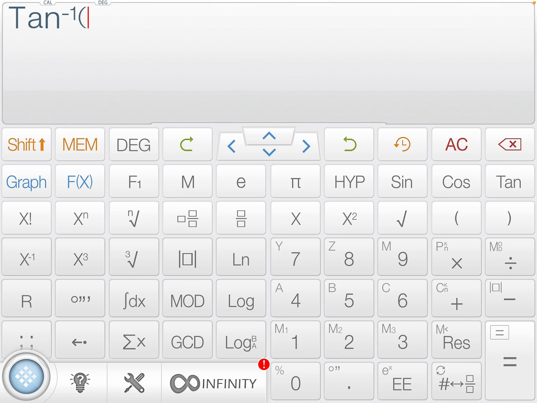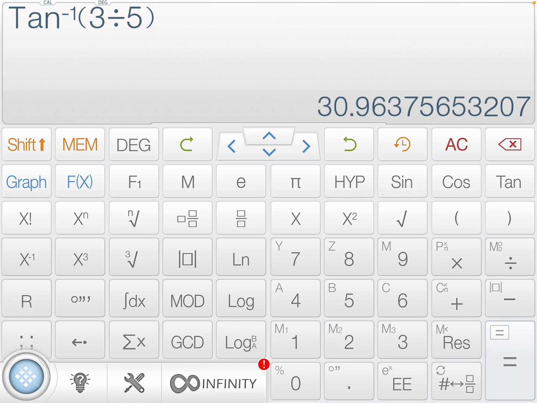And there it is. I'm going to put in 3 divided by 5. And there's my answer, rounded to the nearest whole degree, 31 degrees. All of that is stored in the memory of your calculator, which is super useful when you're trying to solve problems. And we're going to learn today how to find angles.